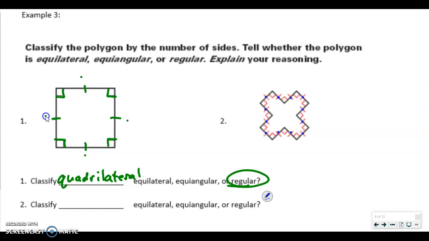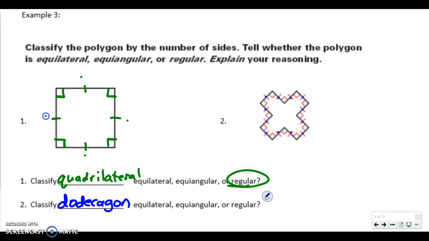See, a 12-sided figure is a dodecagon. Then we need to see, is it equilateral?